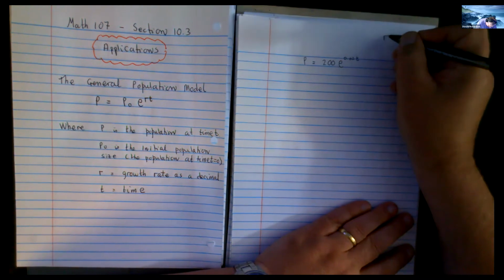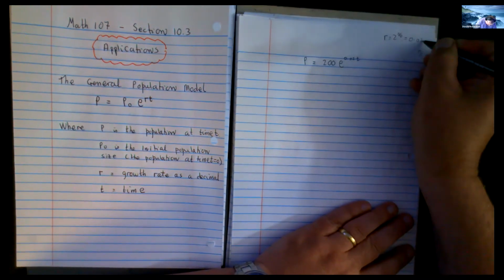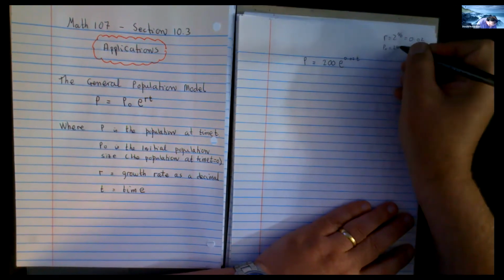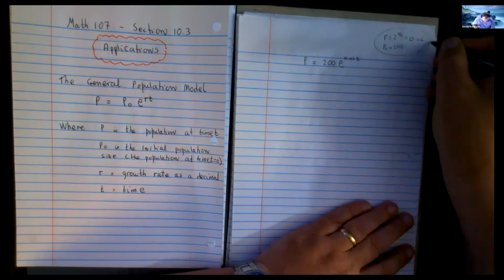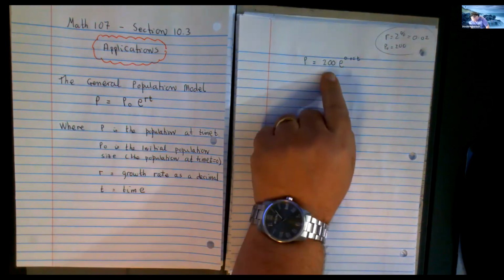So the growth rate is 2%, which is where that 0.02 came from, and it started with 200 people. So maybe it was one of those Western stories where a wagon train with 200 people stopped somewhere in America and said, yep, this is where we're going to build our town and grow our families. So you got this one.